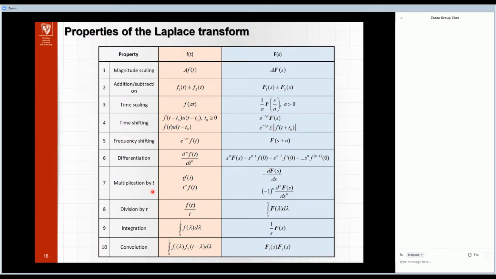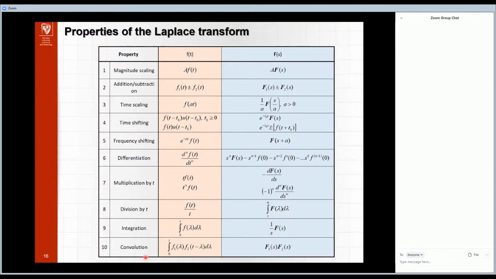Multiplication by t in the time domain is differentiation in the s domain, and division by t means we can calculate this integral in the s domain, and integration in the time domain means dividing in the s domain, and the last one is convolution.